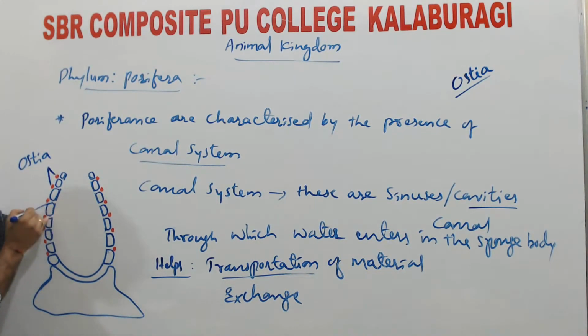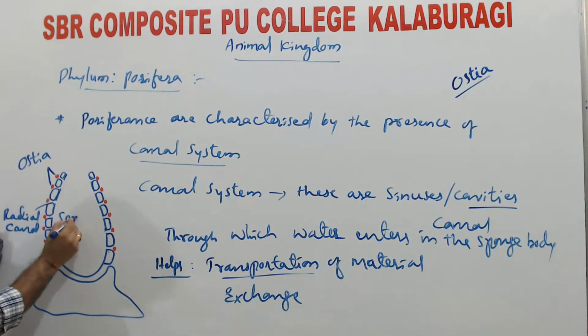Here is the radial canal, and here is the spongocoel cavity.